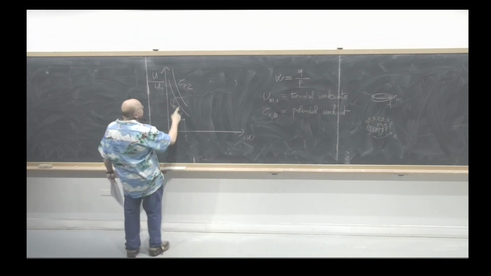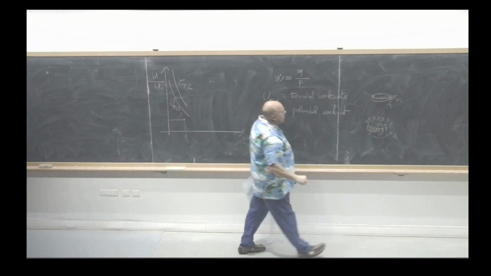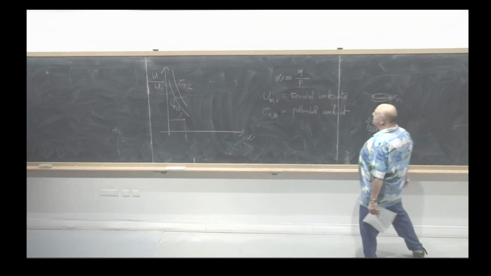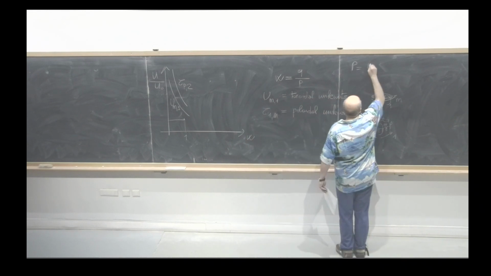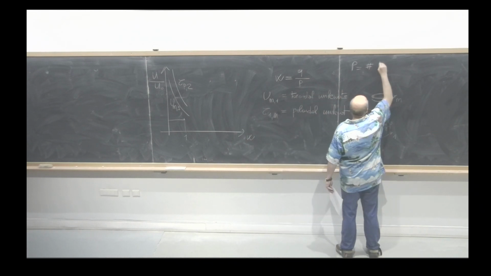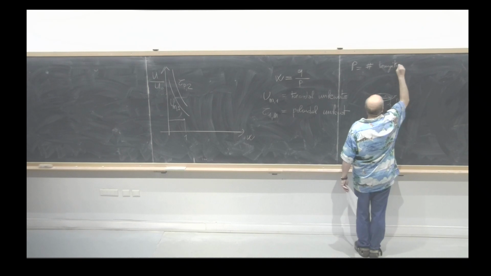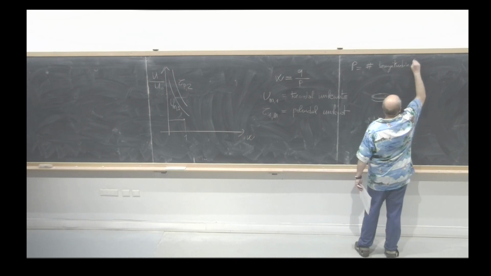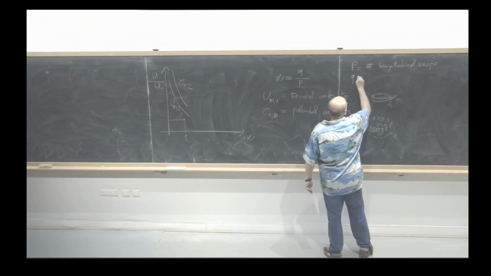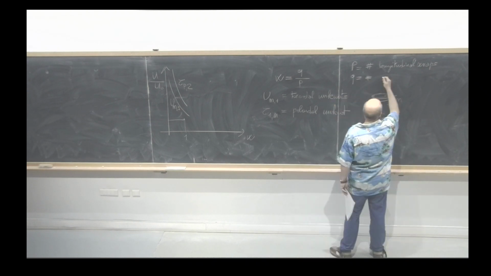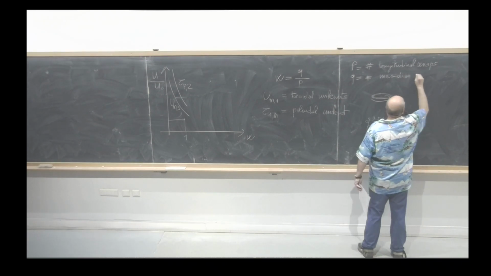TP2. So you see, as you increase P, you remember, P is the number of longitudinal wraps, and Q is the number of meridian wraps.